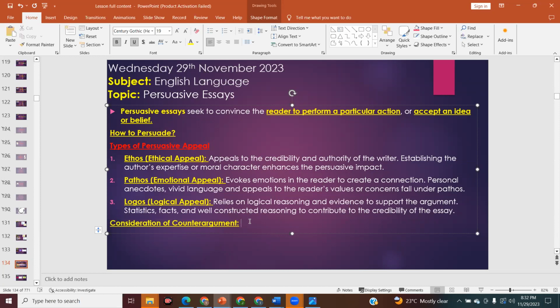So if you're trying to persuade people that Avengers was the best superhero movie, the counter argument to that would be, no, it's not the Avengers saga, it's the Batman trilogy. So that's a counter argument to what you're saying.